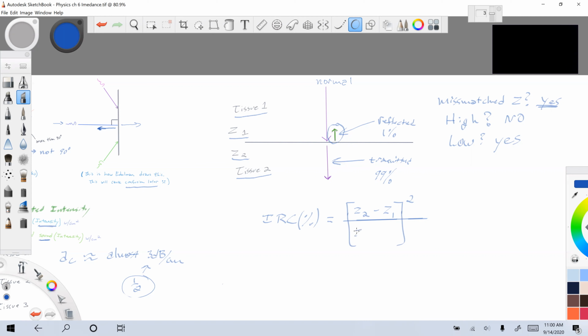And then down here is simply Z2 plus Z1. Whatever that is, you multiply by 100, and that's going to give you your coefficient. The reflection coefficient in normal tissue is going to be low, a small number.